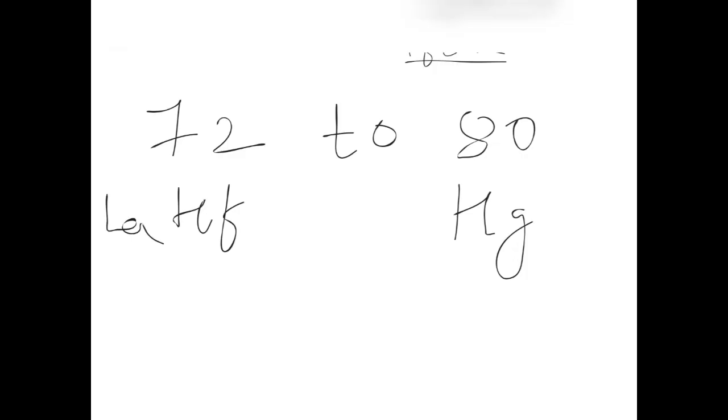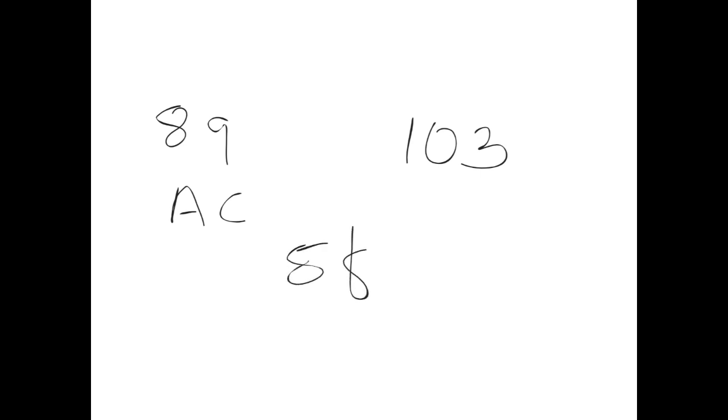The same trend you can observe in the fourth transition series, starting from atomic number 89, that is the element actinium. After actinium, up to 103, these 14 elements are in the 5f series. This 5f series is also in the f block elements.